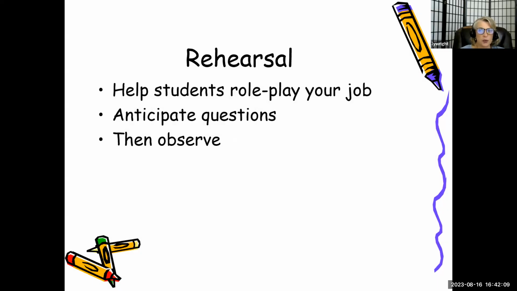So then after they've observed you, it's time for them to role play what you had them observe. So you're going to have them role play doing a counseling, going and talking to the patient and assessing them. So help anticipate any questions.